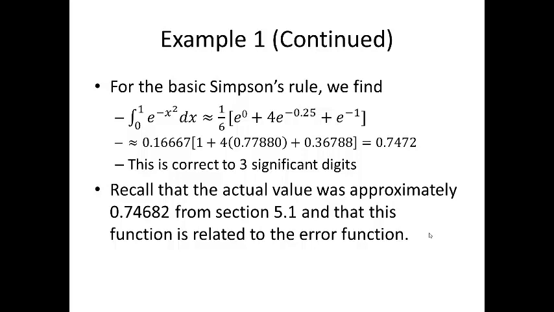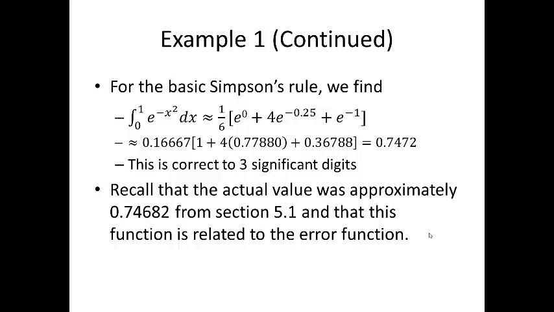You'll recall from previous sections that the actual value in section 5.1 was computed to be 0.74682. And this function is related to the error function. You may not recall that precisely, but that's the actual value. And so we get a pretty good approximation just using this basic Simpson's rule.